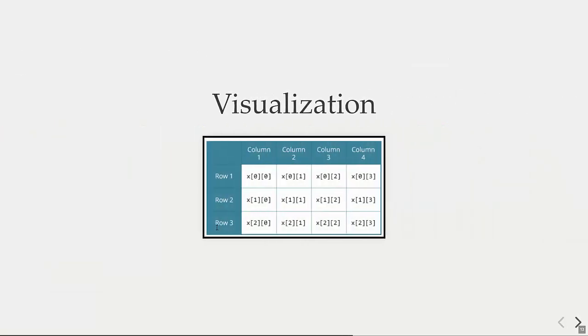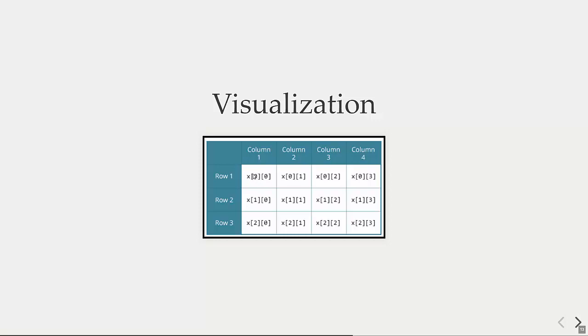Now if you look at it visually, this is how it will look. Here I have declared a 3 cross 4 array, that means 3 rows and 4 columns. If you look at the first element, it is 0 cross 0, because it is at position 0.